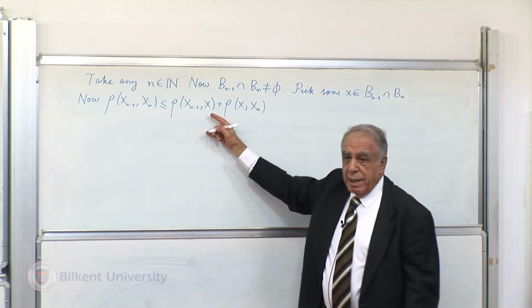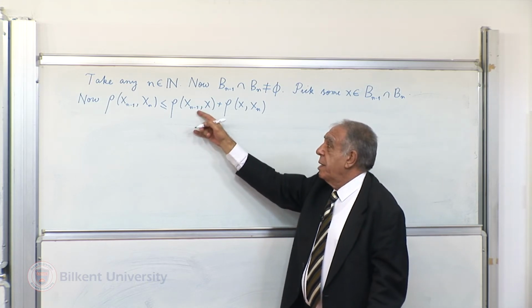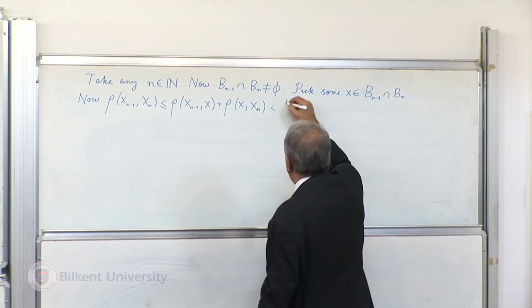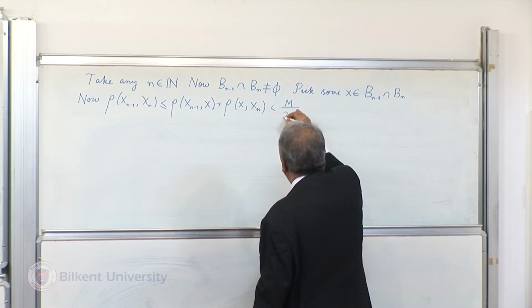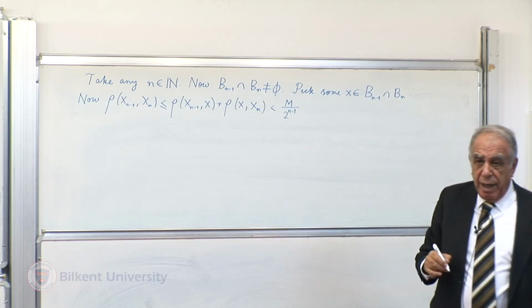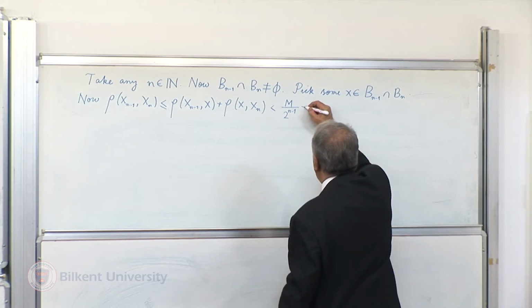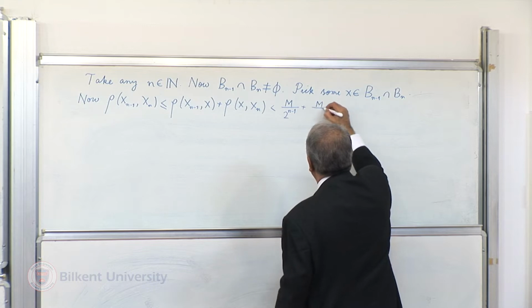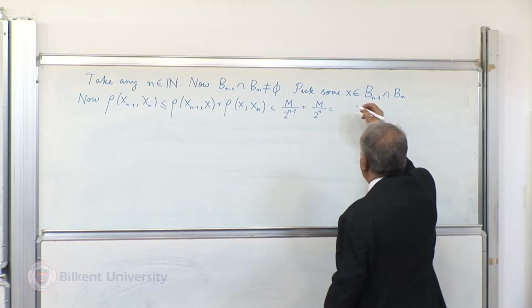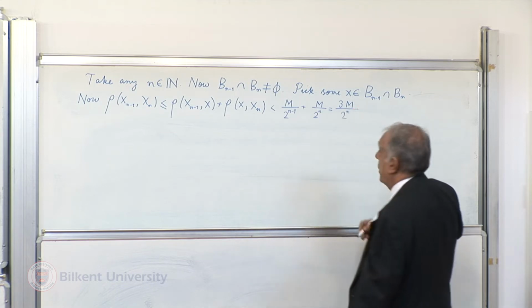But x is in B sub n minus 1, so the distance between these is less than m over 2 to the power n minus 1, because this was the radius of the n minus first ball. But x is in B sub n as well, so here we'll have m over 2 to the power n. Now this will be 3m over 2 to the power n.